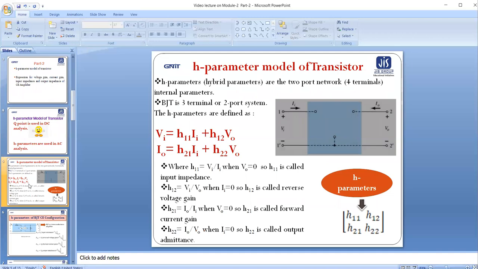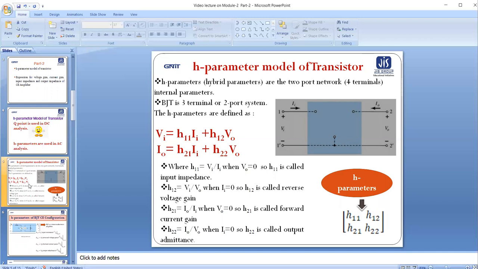So let us start with the H parameter model of the transistor. H stands for hybrid. Basically, the H parameter model is used for studying any two-port network.